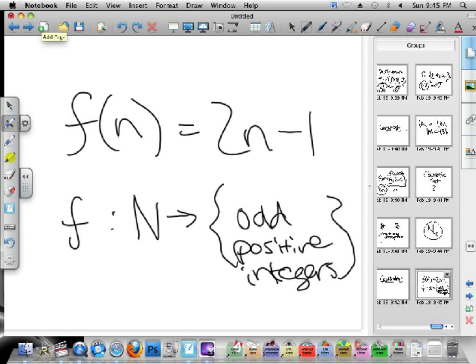Using this, we're going to prove that there is a one-to-one correspondence, and to do this we must show that f of n is both one-to-one and onto.